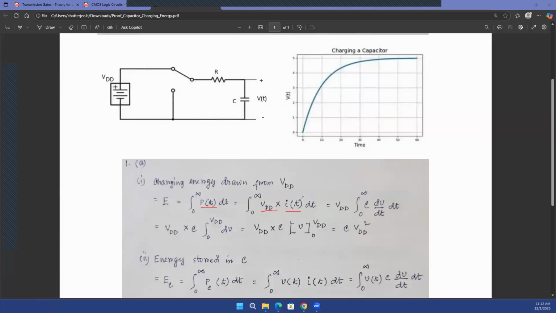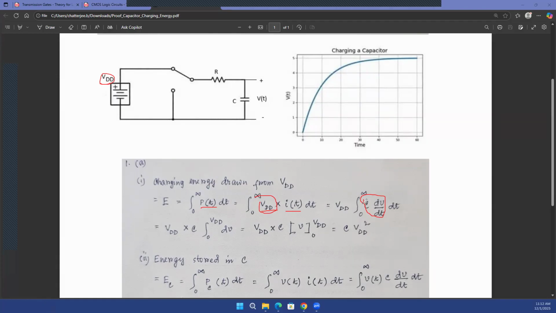And of course, current will be a function of time because you know that there are always transients as you connect or disconnect a capacitor with a switch to a VDD. Since VDD is a constant, just the voltage of the supply, you can take VDD out of this integration. And you know that the charging current of a capacitor is C dV/dt. Again, something that you had learned when you learned about capacitors.